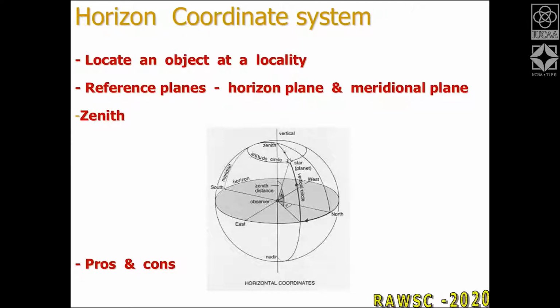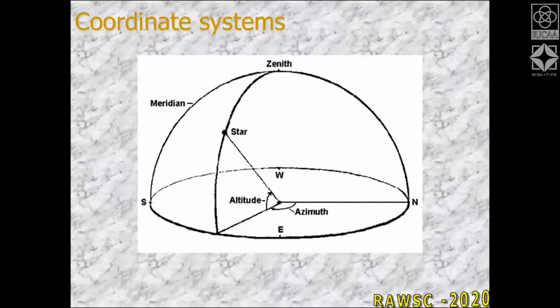Zenith is a point which is right above your head, and a plane which contains both zenith and north is your reference plane for azimuth. Any angle from this would be your azimuth coordinate, and you go from north to east direction.